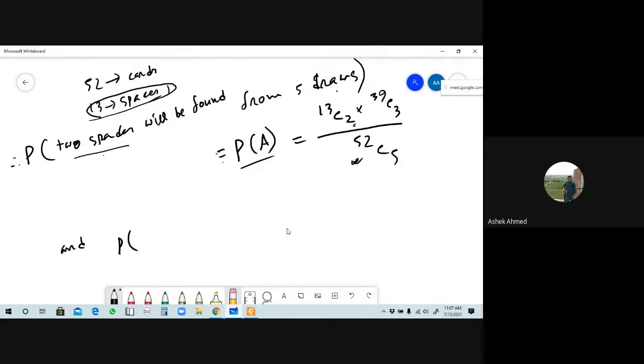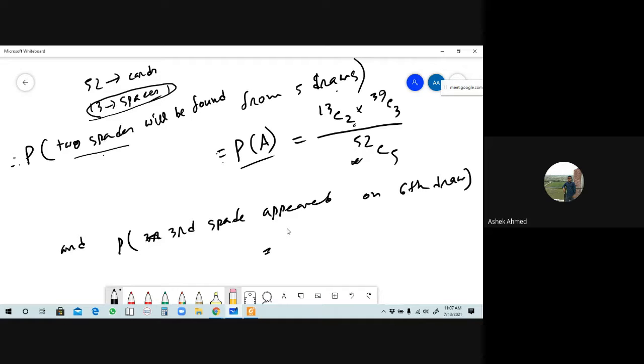Third spade appeared. You can say that this will be the third spade appeared on the 6th draw.